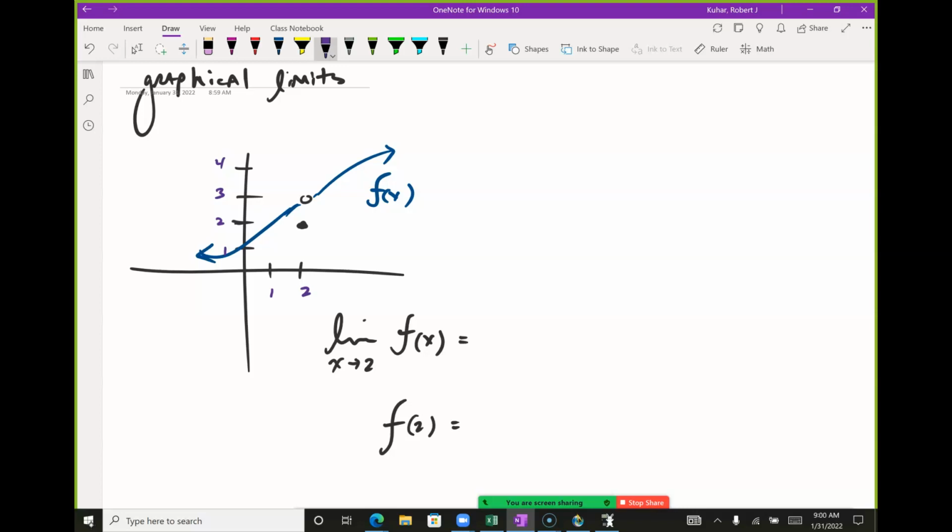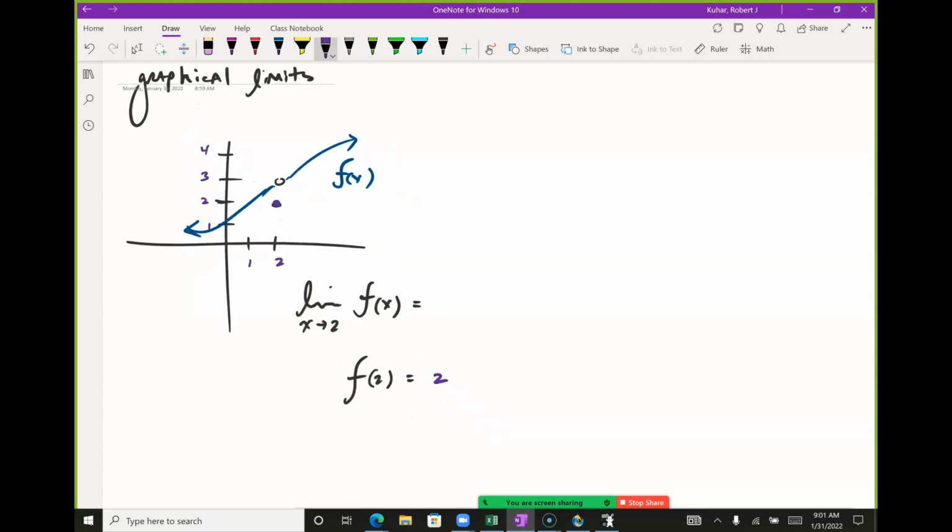F of 2 is what height? 2, yep. So it's like I've got the cover of a manhole in the road off to the side, right? It's like, where's the hole in the road and where is the cover for the hole in the road kind of question. This is called a removable discontinuity. We're not there yet, but we will be.